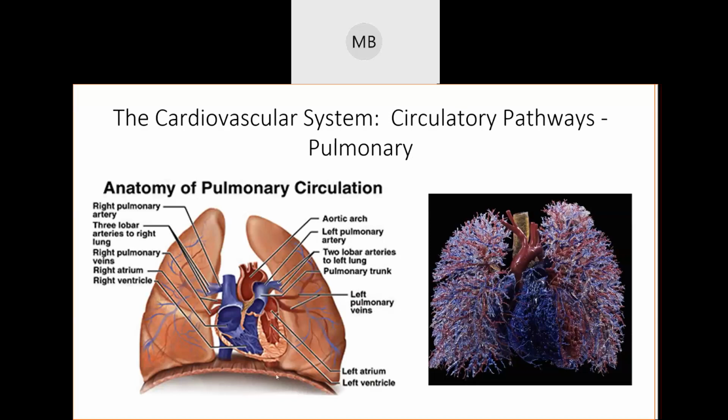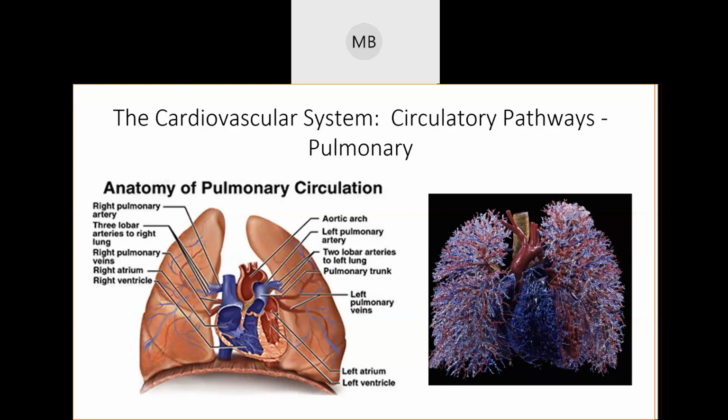Here we have the pulmonary circulation, or pulmonary circuit. Objective 13 was describe blood's pathway through the pulmonary circuit and discuss the implications of this circuit, right? You guys already know this pathway. You've had it drilled into your heads. I know you know it. Y'all are brilliant, right?